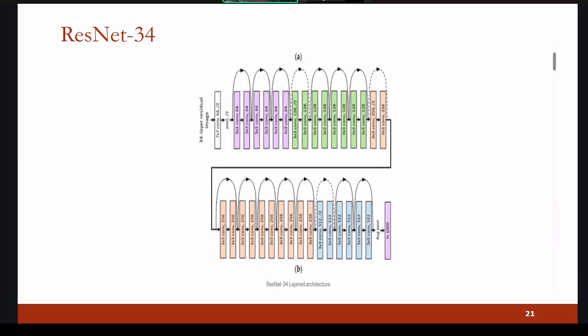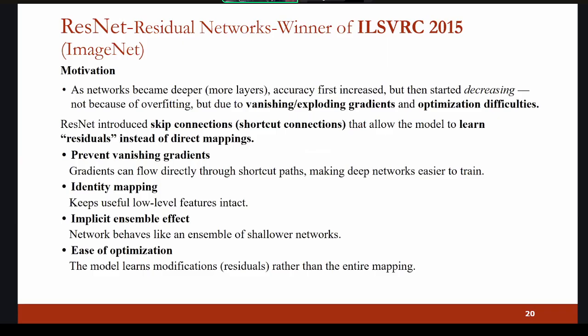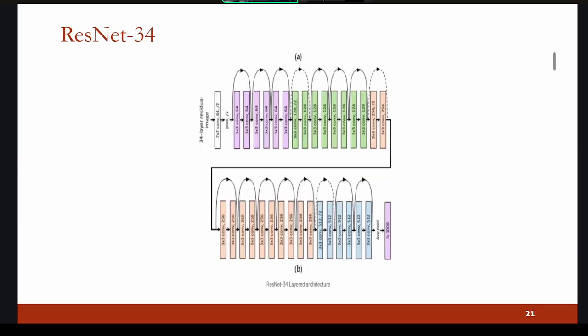You can see here residual connections are made between the layers, between the next convolution layers, instead of having the straight connection. By doing so, they were able to reduce the vanishing gradient problem. Also, they kept intact the low-level features learned by the model, so that they can be used for transfer learning in case of a new data set.